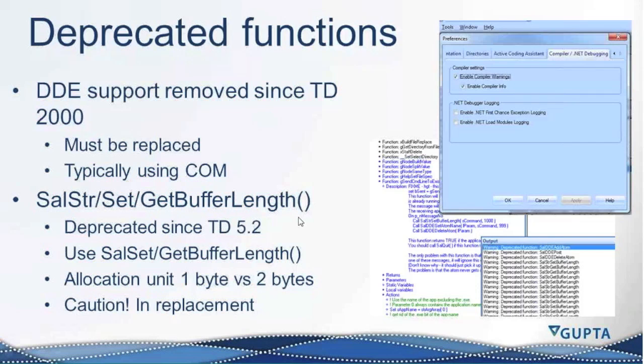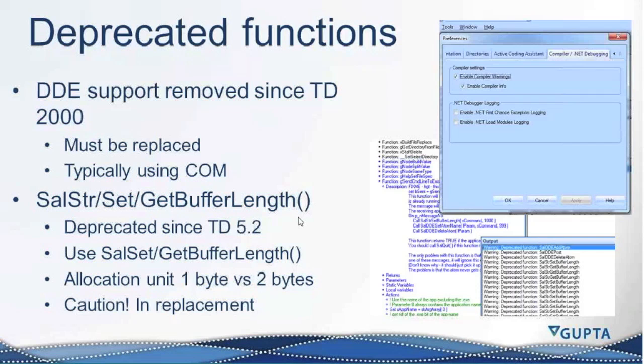Another thing is we've deprecated SalStrSetBufferLength and SalStrGetBufferLength since TD 5.2. This was due to the fact that in the older version, these functions were basically padding an extra byte to take care of Unicode issues.